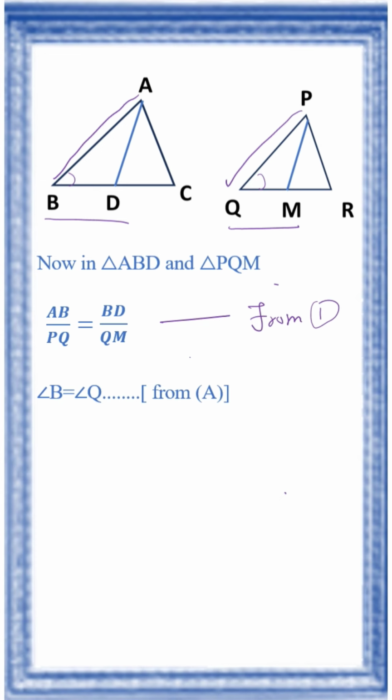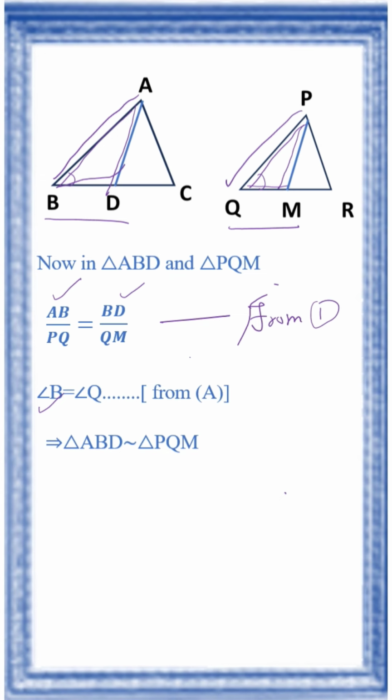We have written it already. Here you can observe that from side angle side property, you can say that triangle ABD and triangle PQM are similar, isn't it? These two. Earlier only I have told we are concerned with these two triangles. Look at the figure, otherwise you won't understand this one.